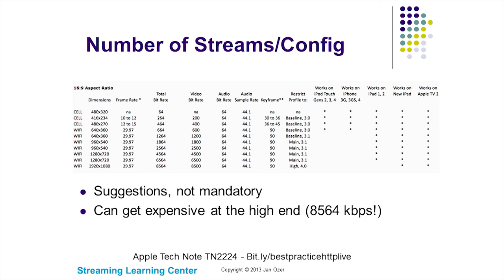Because computers are going to be Wi-Fi or wired. So you use the baseline profile for these that are typically only going to go to mobile, and then use the main and the high profiles for files that are typically only targeted at much higher quality or much higher power devices.